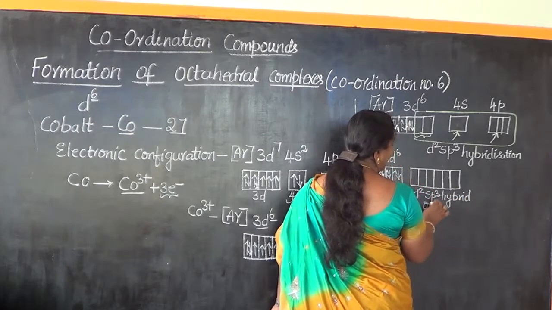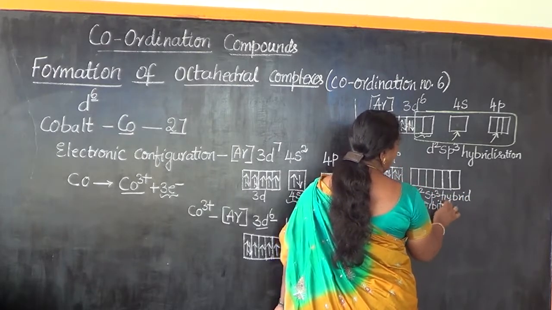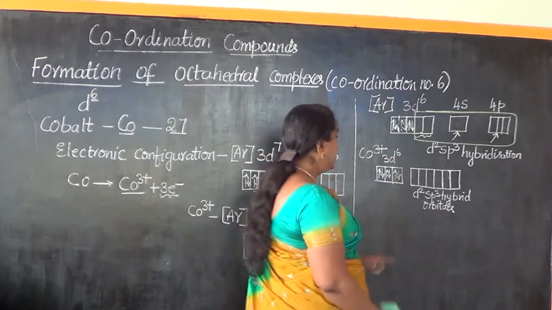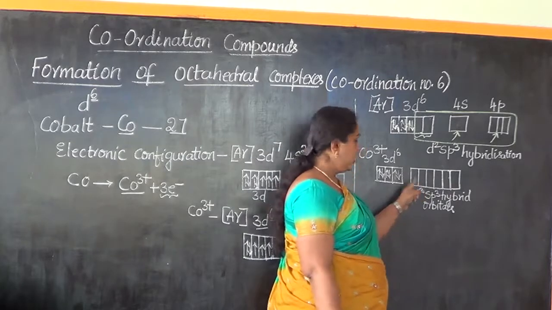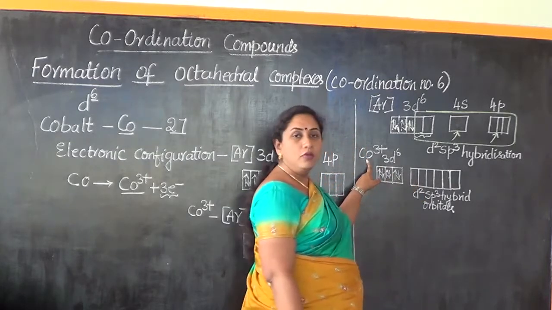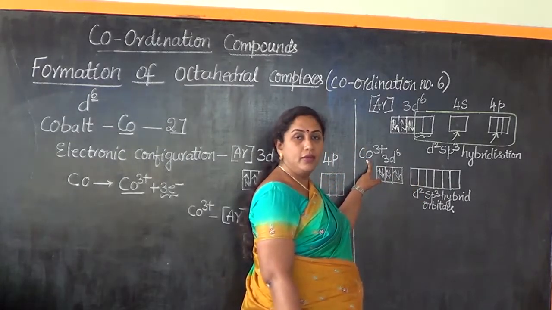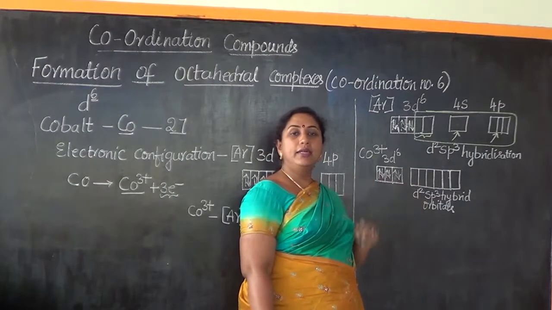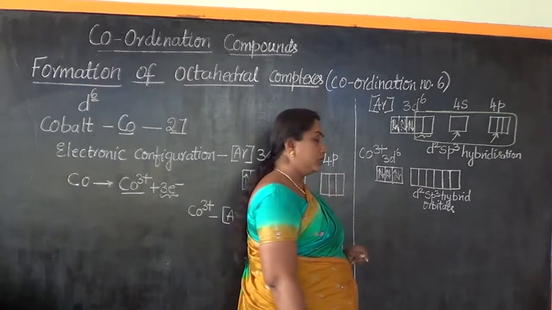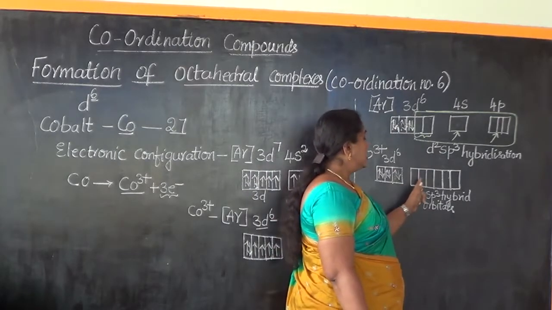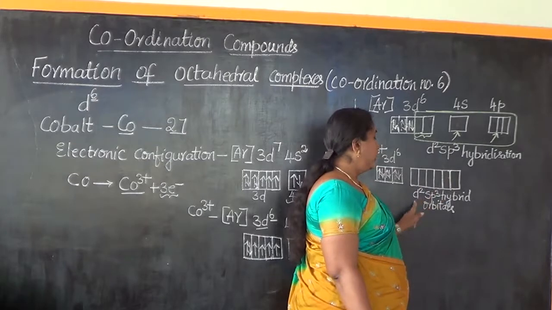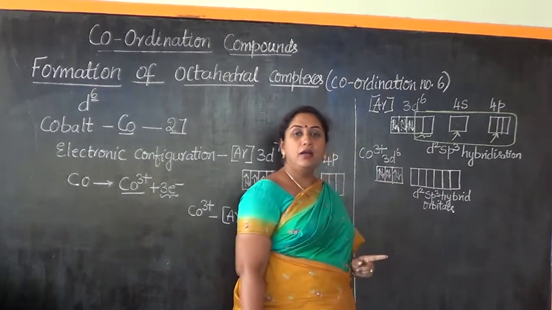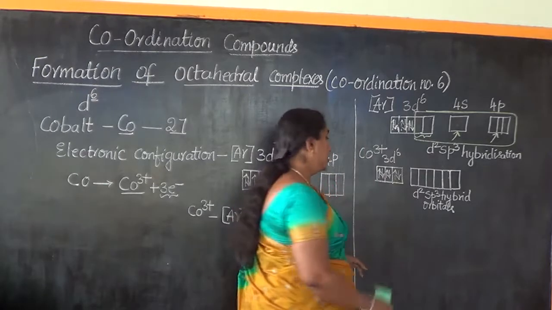Now what else will happen? These empty orbitals of the Co3+ ion will overlap with the filled orbitals of the ligand, which contain a lone pair of electrons. Therefore, these empty d2sp3 hybrid orbitals will now contain 2 electrons each.